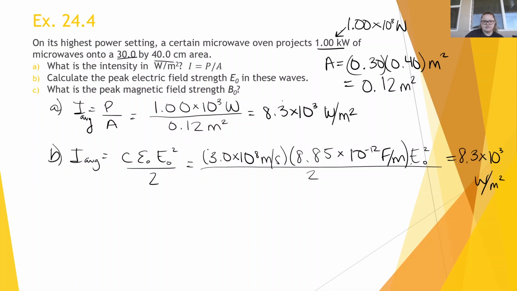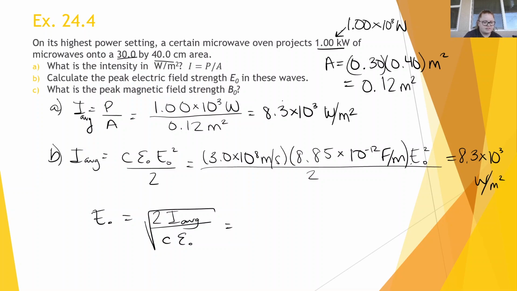All right, so we'd have to do some rearranging here. Okay, so if I go back to here, we'd have the square root of 2 I average over C epsilon naught. Let's go ahead and do that.